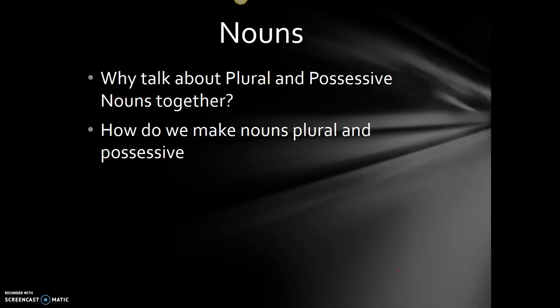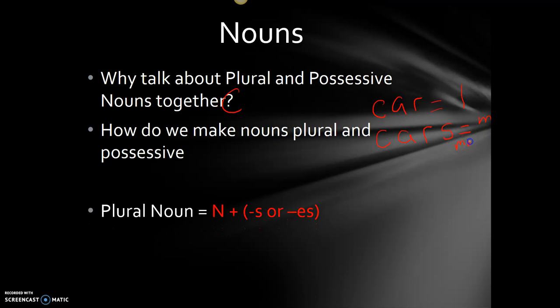So there's a reason why we talk about plural and possessive nouns together. Let's take the word car. I have one car. In order to make that plural, many of you have already learned that all we have to do is add an S. At this point we have more than one.